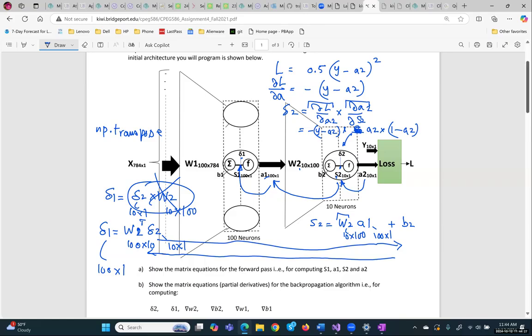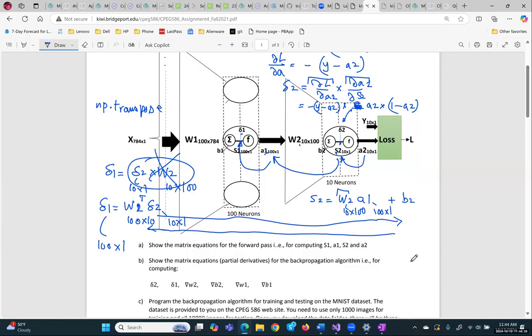So let's talk about, for example, delta W2, when I write it over here, what I mean is I'm asking you to give me partial L over partial W2. That's the meaning when I put the inverted triangle. So in the math, the inverted triangle is a derivative, okay? So what will be the value of this? If you take a look at this picture, W2 is over here, right?